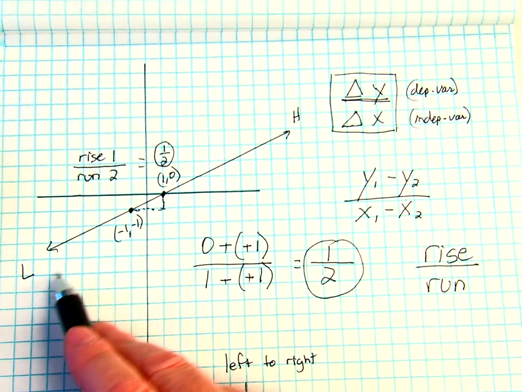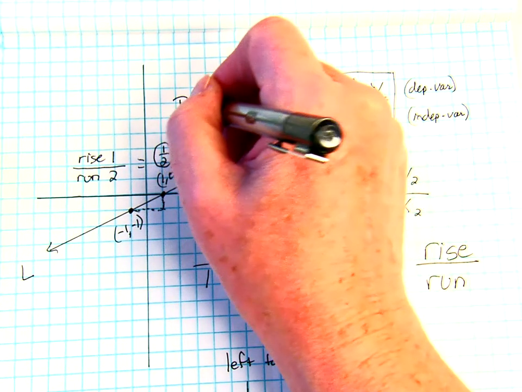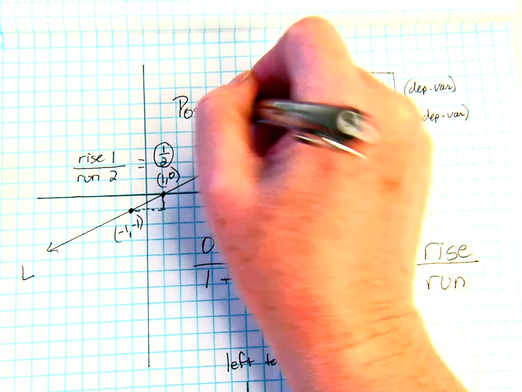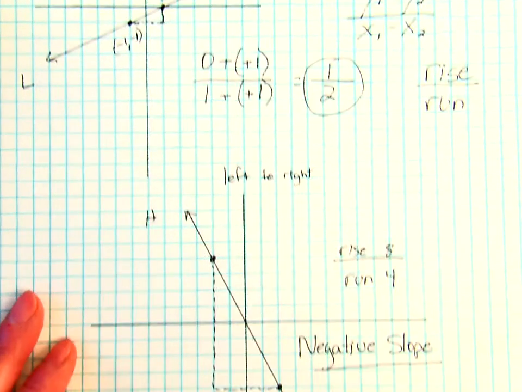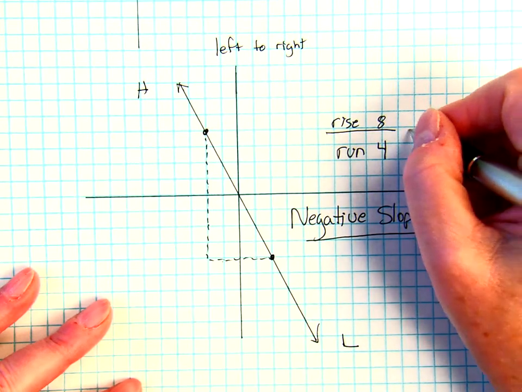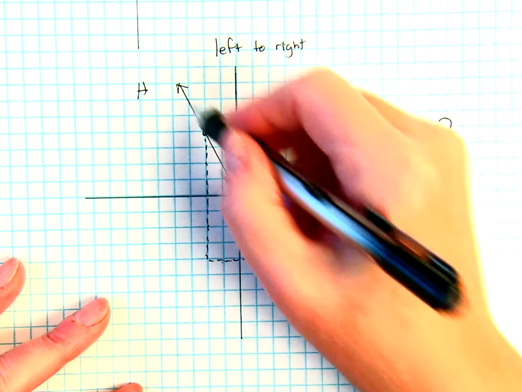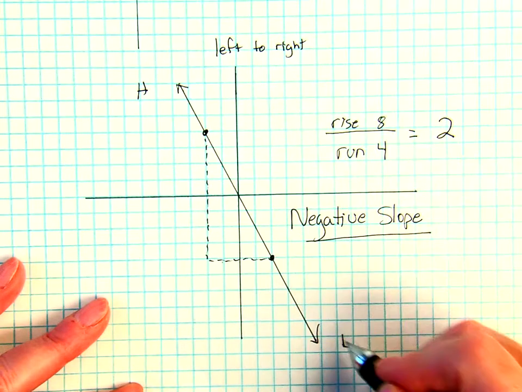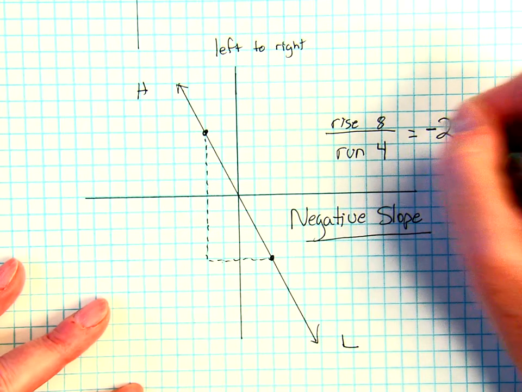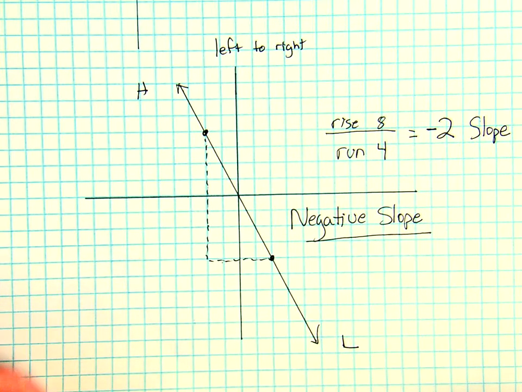It's increasing. So this is a positive slope line. So when we look at a line like this and we say, well, that's 8 over 4, which is actually equal to a slope of 2, but it's going down. It's going in a negative direction. So this line has a negative 2 slope. Okay?